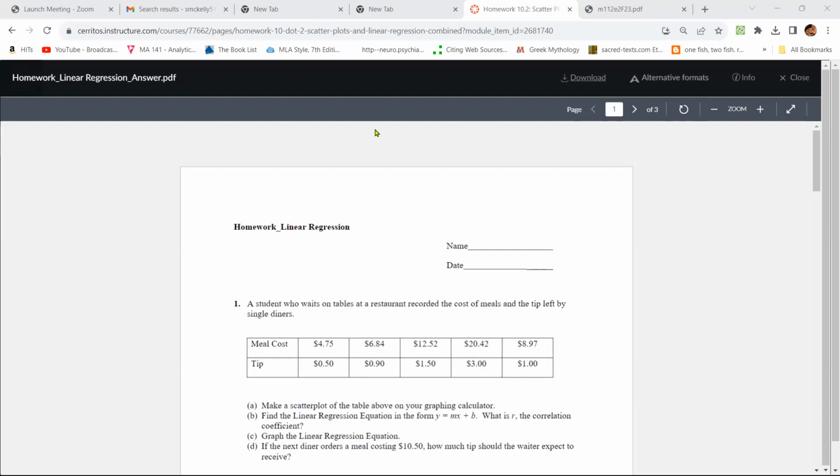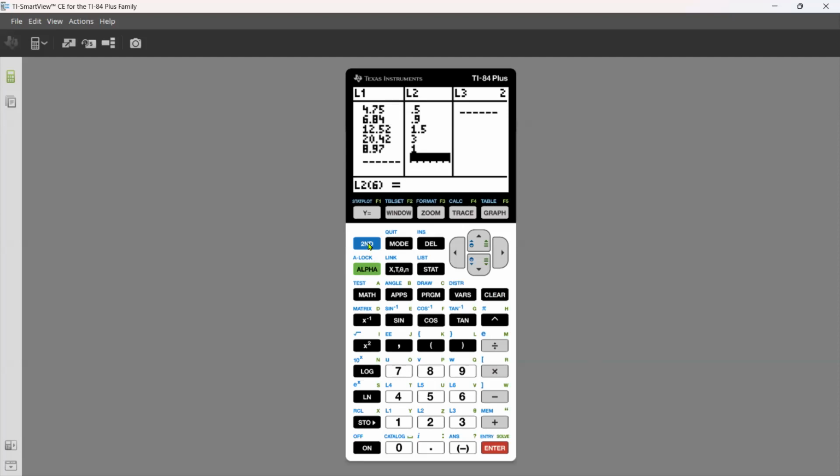So we're going to shut the calculator, and to do your scatter plot, your plot is above your y equals key up here.